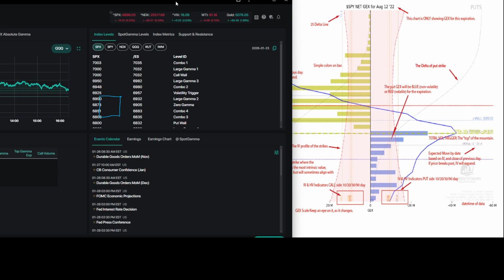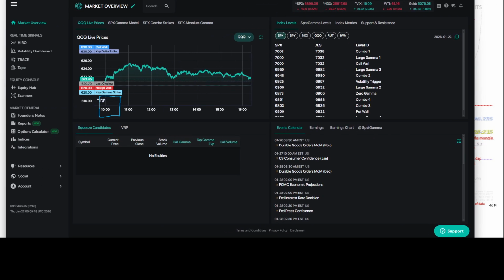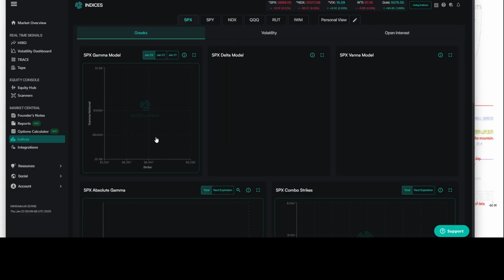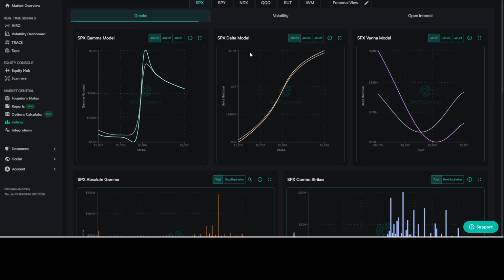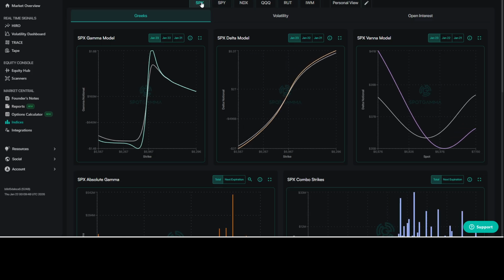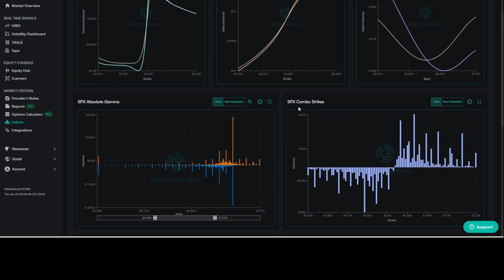Okay, let me show you in SpotGamma here. For example, when we go here to the index, and you see here the SPX, and go here to combos, see here, SPX combo drive.